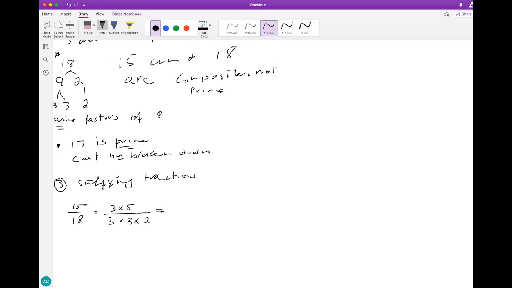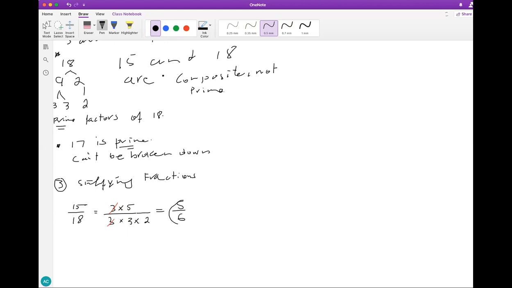now what do you think happens? We can cancel any common factors between the top and bottom. 1 against 1, okay? It cannot be 2 against 1. For example, we cancel this 3 against this 3. What's left? Just 5 over 3 times 2, that's 6.